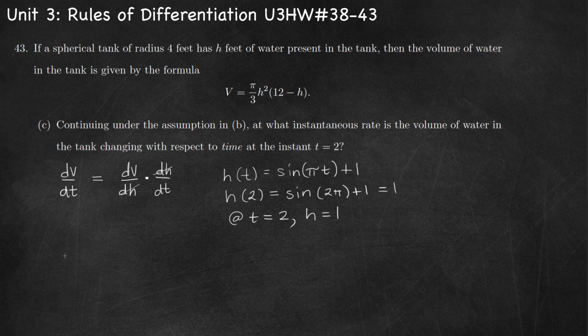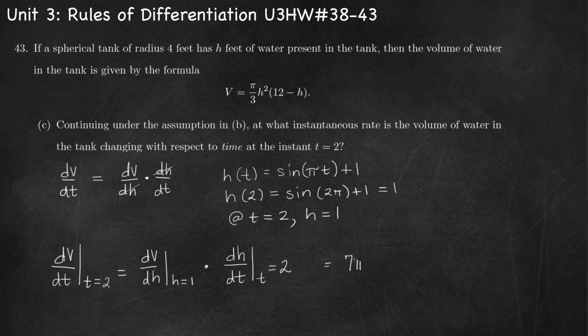Okay, so that means to find dV/dt when t is 2, we're going to find dV/dh when h is 1 and multiply that by dh/dt when t is 2. So dV/dh when h is 1, that was our answer from part A. That was our 7 pi. And we're going to multiply that by dh/dt when t equals 2. I wrote that a little bit funny.